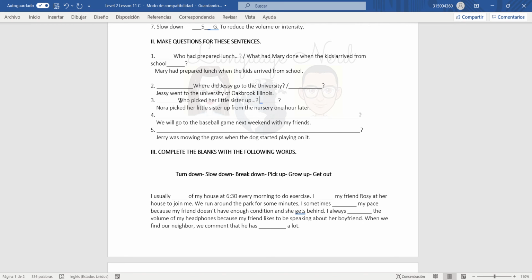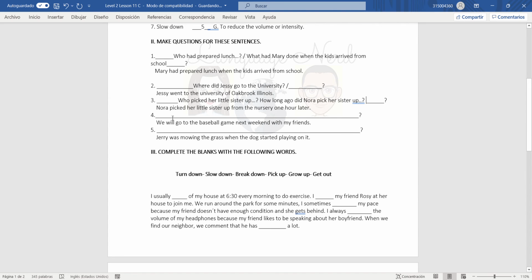Or you can say also, how long ago did Nora pick her sister up? And the same, from the nursery. And those could be your two options.